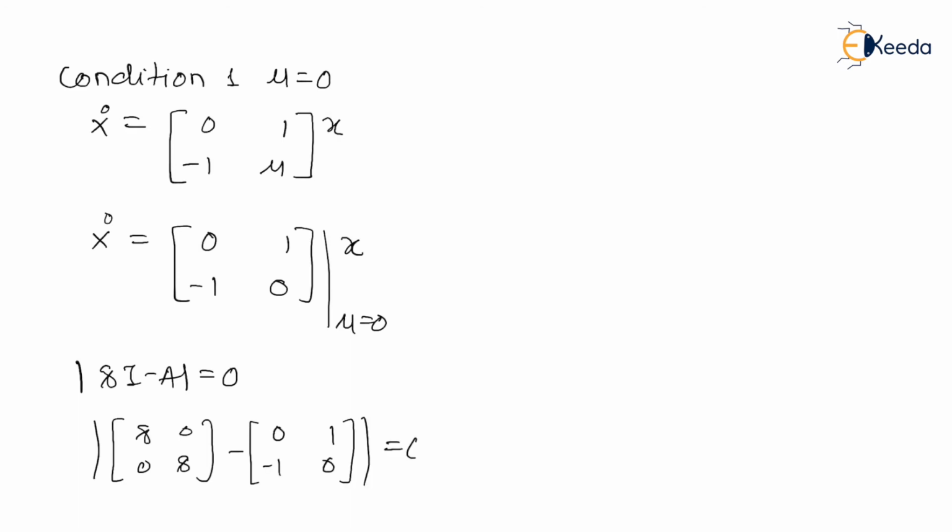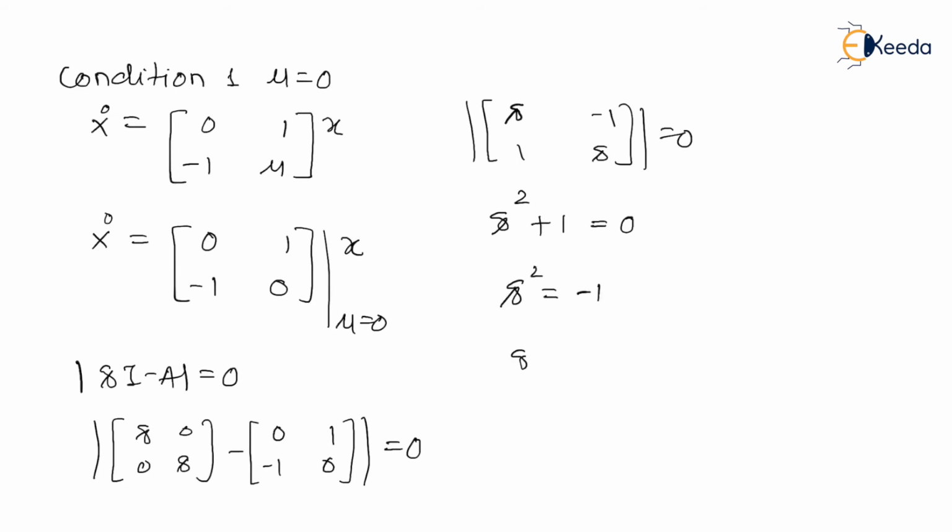The whole is equated to 0. So if you solve it further, you will get determinant of s, minus 1, 1, s is equated to 0. If you try to find the determinant value, it becomes s square plus 1 is equal to 0. Therefore, I can say s square is equal to minus 1, or s is equal to plus minus j.